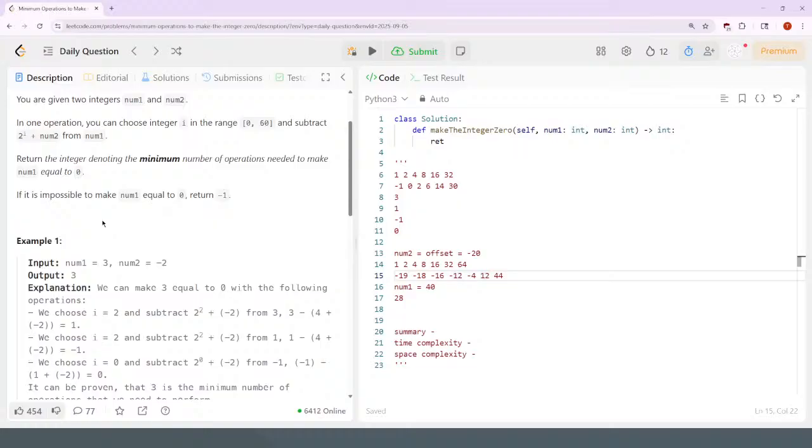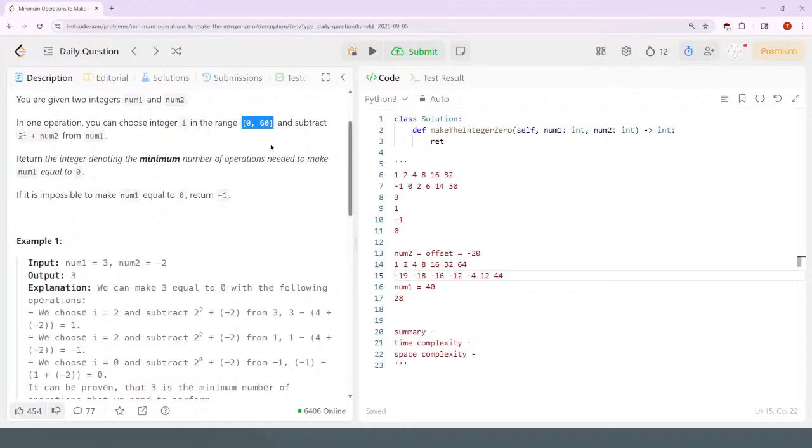I wonder if, okay, so there's 61 possible values that you can subtract the original num1 by.